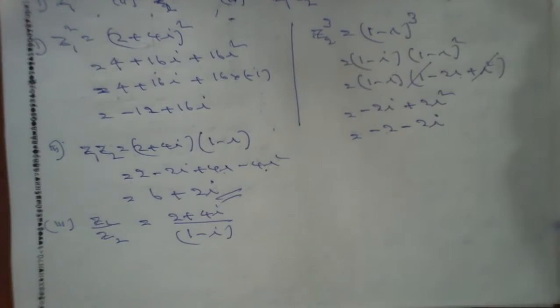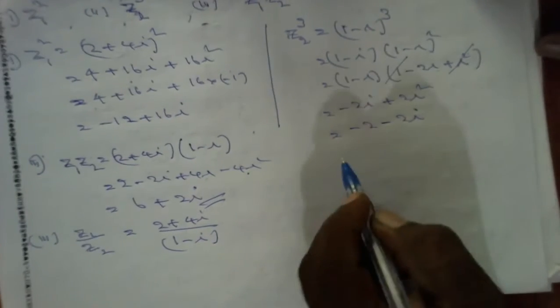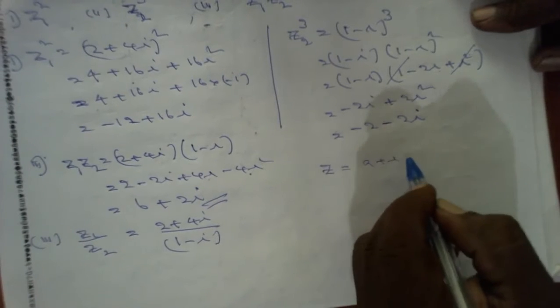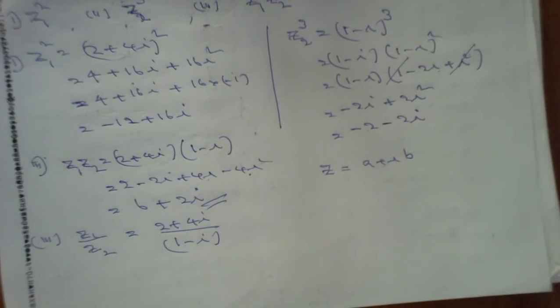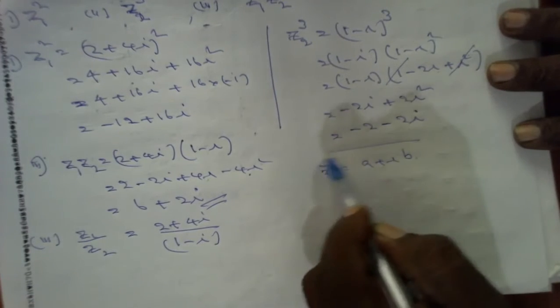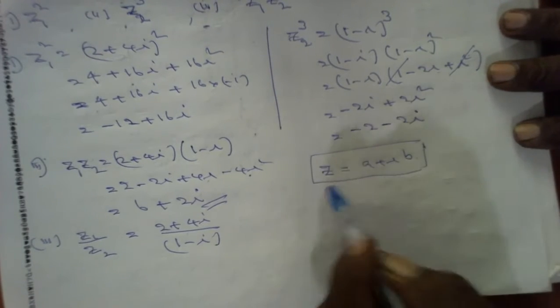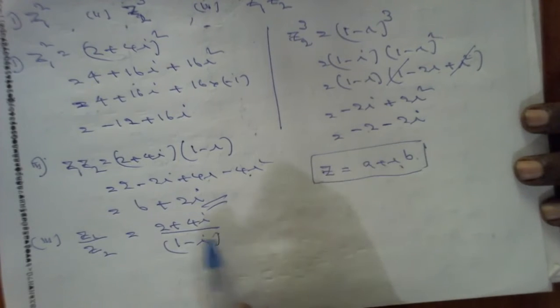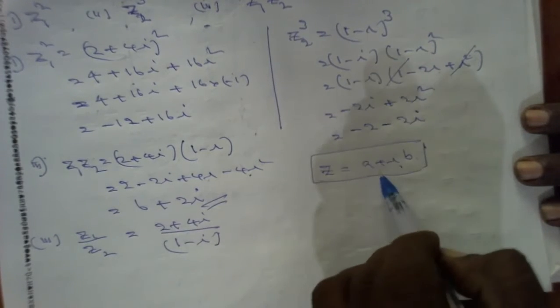Always you have to express this complex number in the form of a plus ib, where a and b are real numbers. So you have to express in this form. This one you have to bring into this form, right?